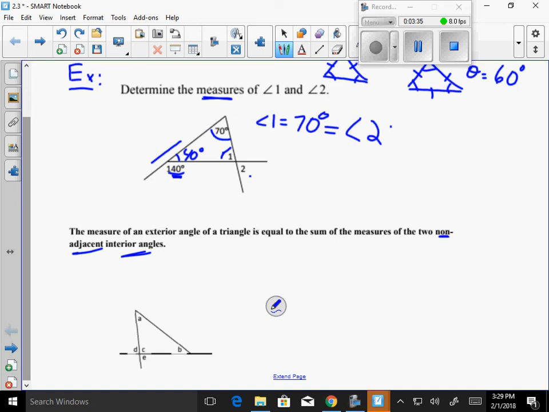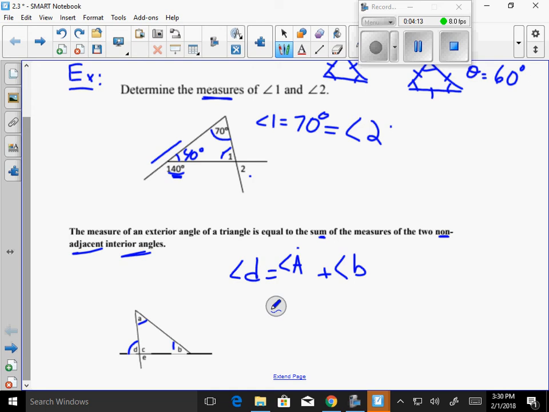So what that means if we break this down is if we look at angle D, that is an exterior angle off of angle C. So I could say that angle D equals the sum, so I'm going to add two things together, the measures of the two non-adjacent interior angles. So the two angles not touching angle D at all would be A and B. They're my interior angles. So if I added up angle A plus angle B, that would equal angle D.